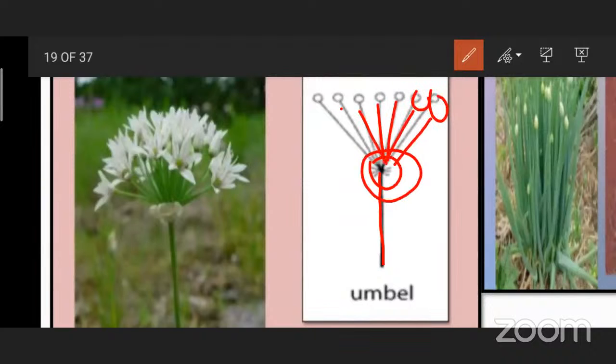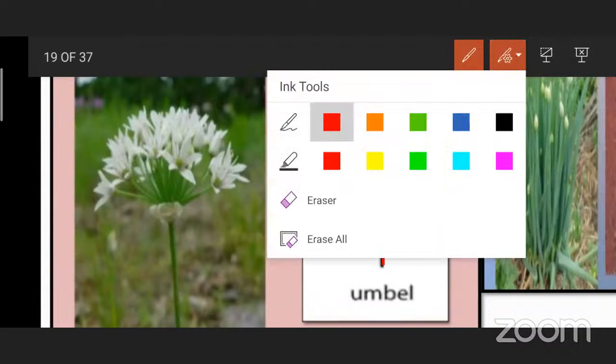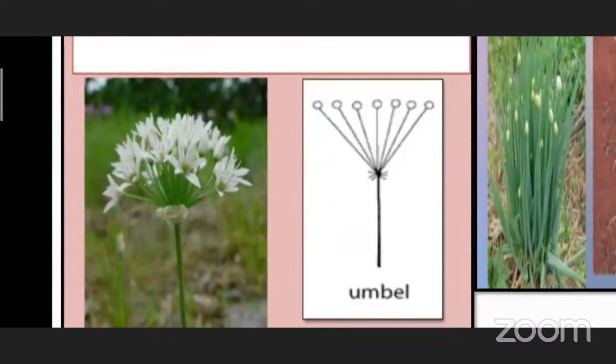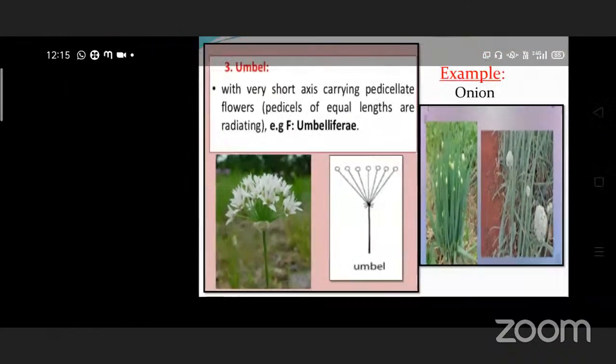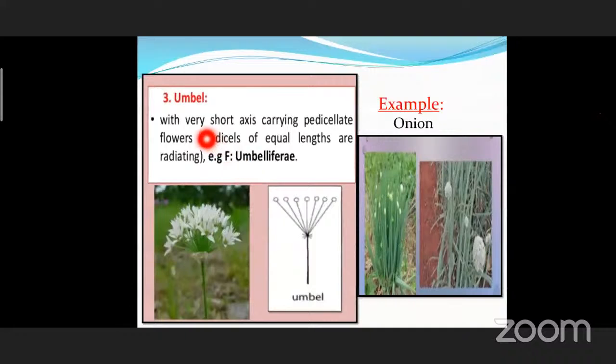But these pedicels are of equal length. This is the third one, simple racemose inflorescence, that is umbel type with very short axis carrying pedicellate flowers. Pedicels of equal length are radiating. Best example, onion, scientific name Allium cepa.